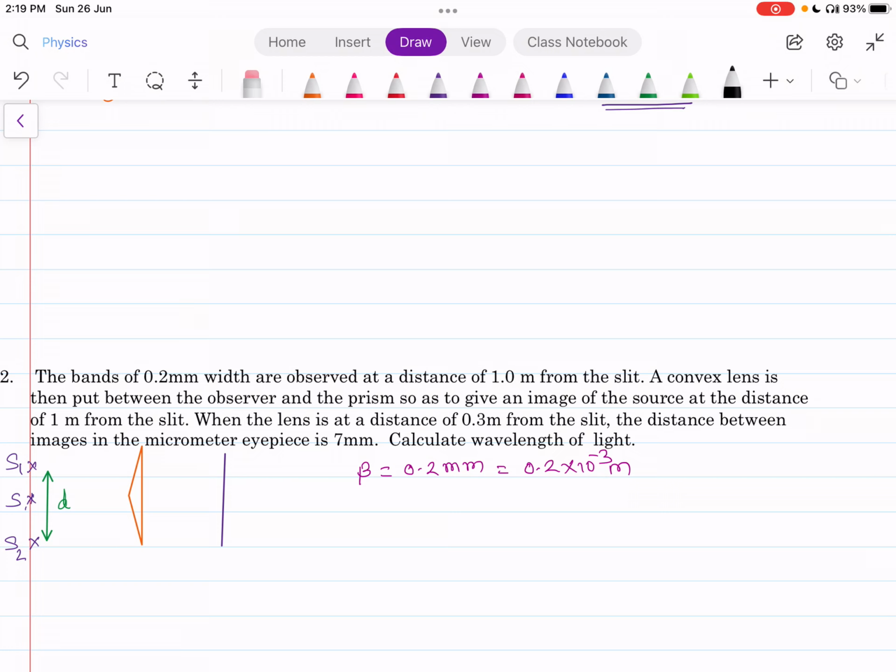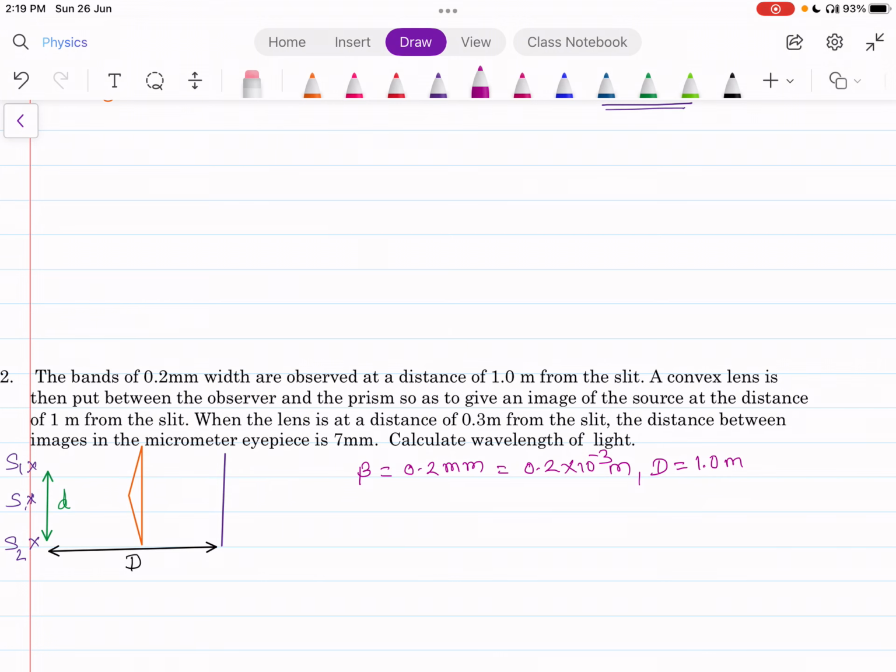So the capital D is also given here, 1 meter from the slit. That is, the slit is the source, and that distance we are denoting by capital D. And here the value of capital D is given, which is 1.0 meter.